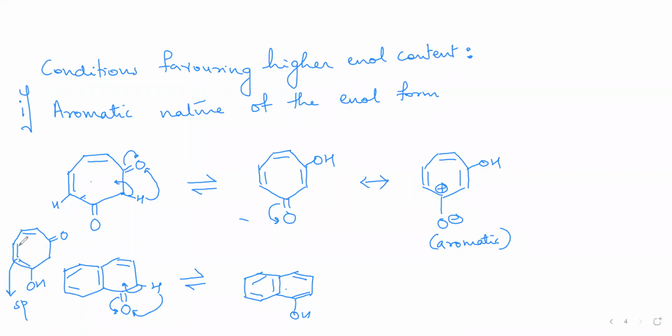Okay. So this is not possible. Did you understand, Abhimanyu? Okay. So I think first point, aromatic nature of enol form, I think this you have understood. Going to the second one.